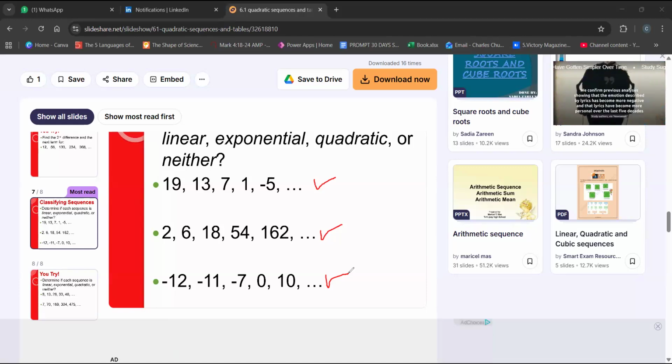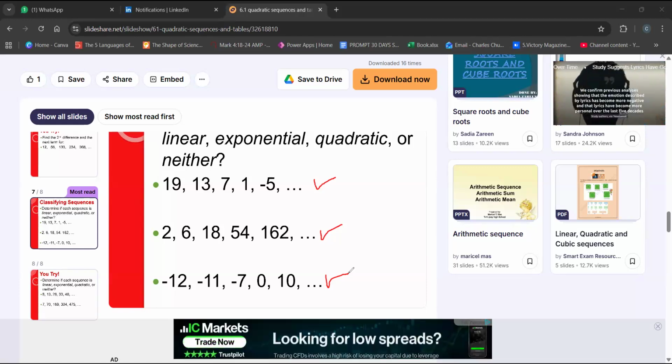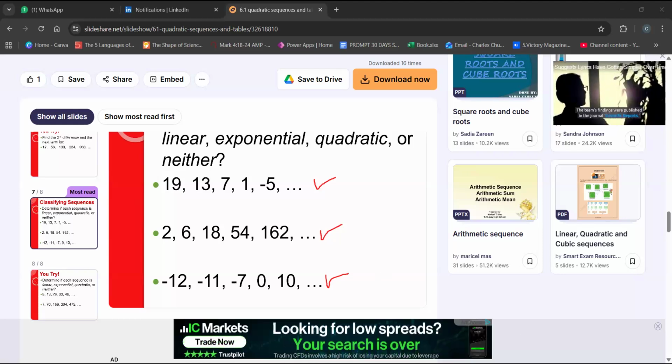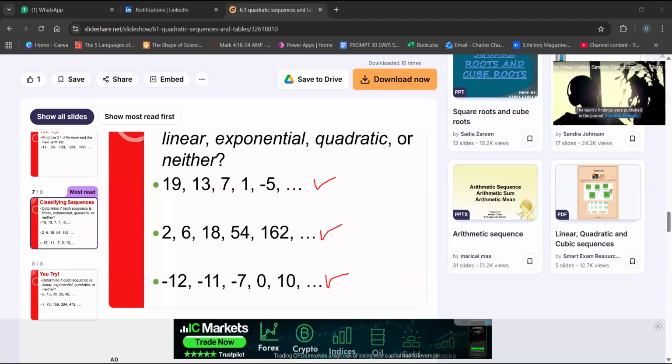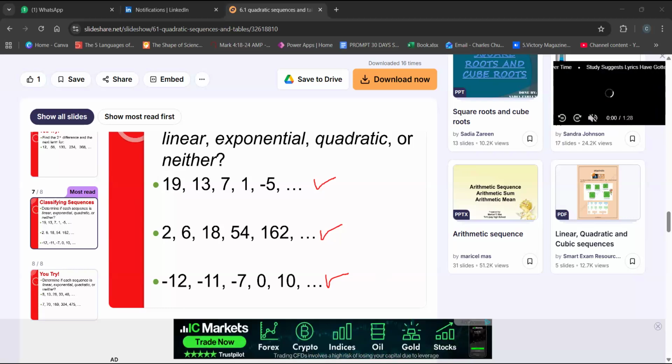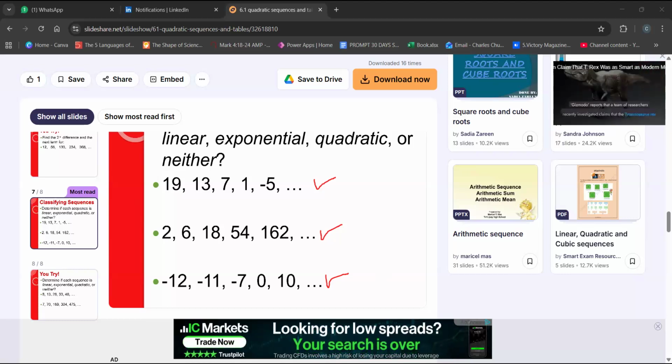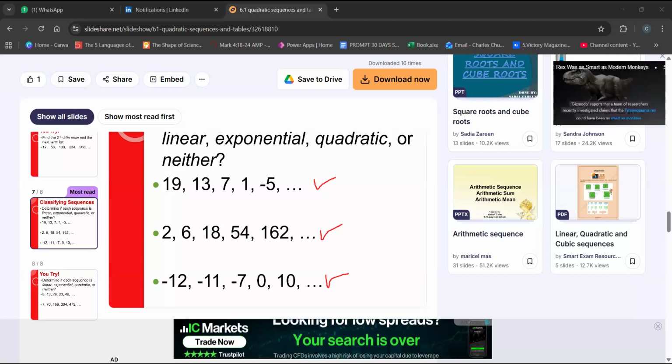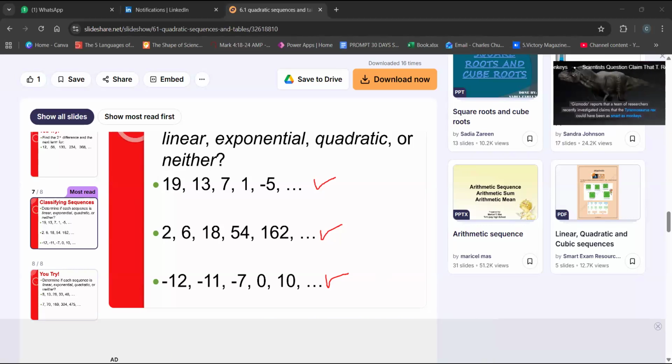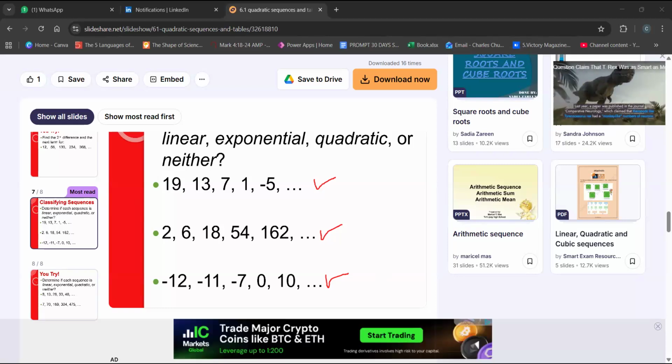Okay, maybe I should use another device. Let me connect. Okay, can you hear now? Yes, sir.